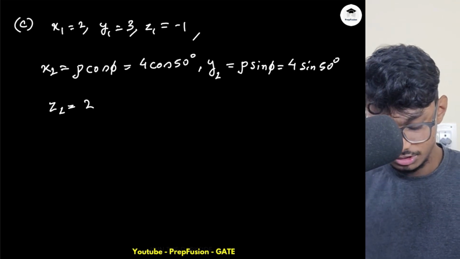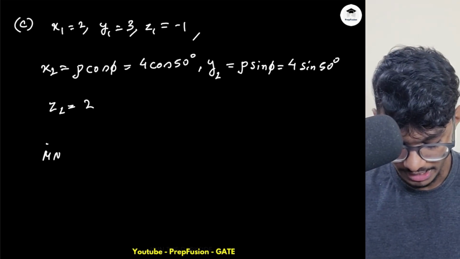So what will be the MN vector? x2 minus x1, right?